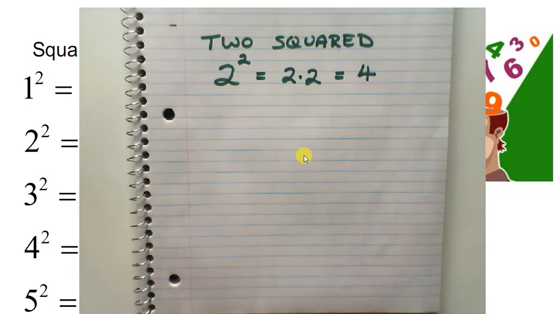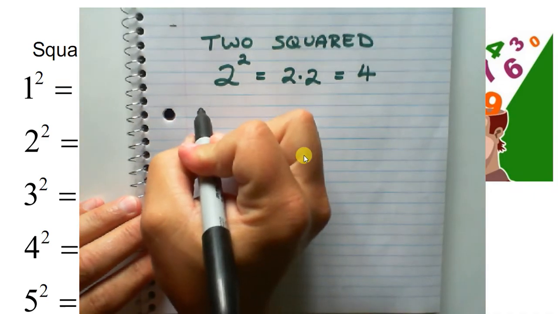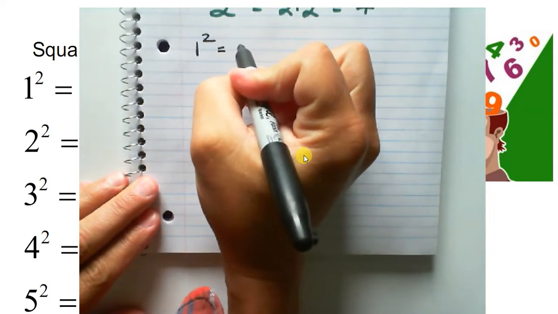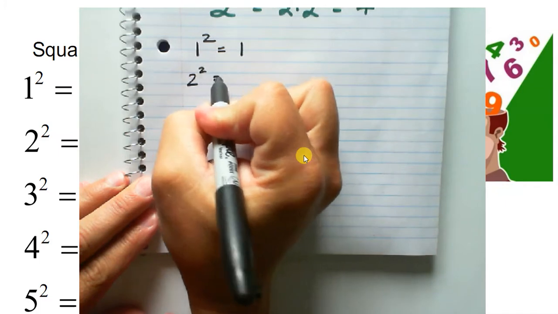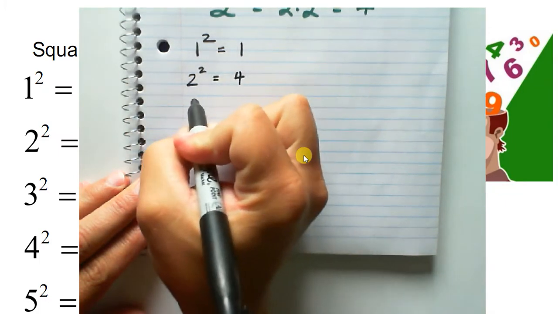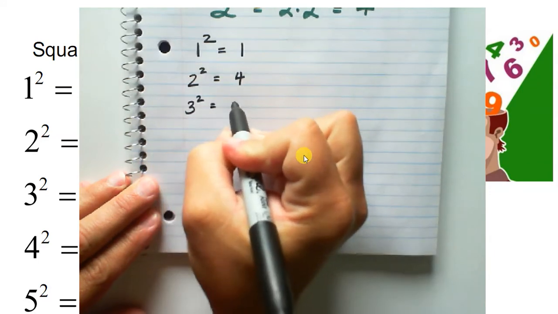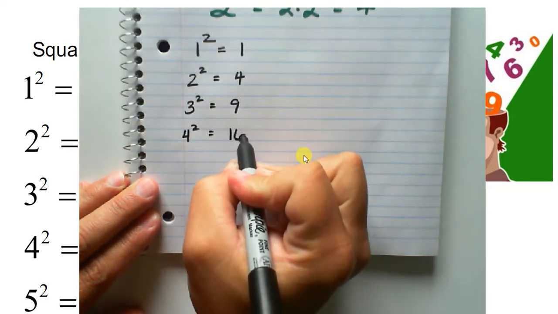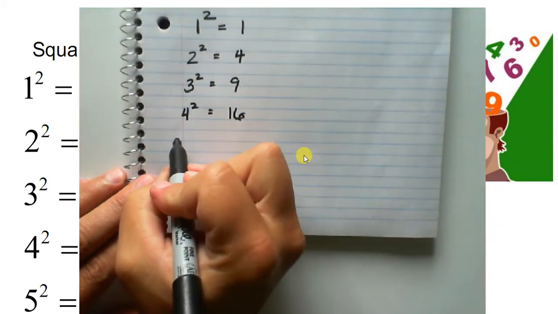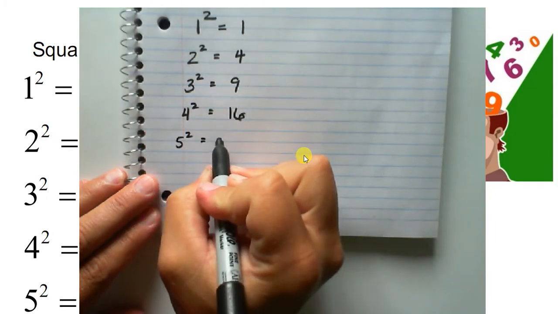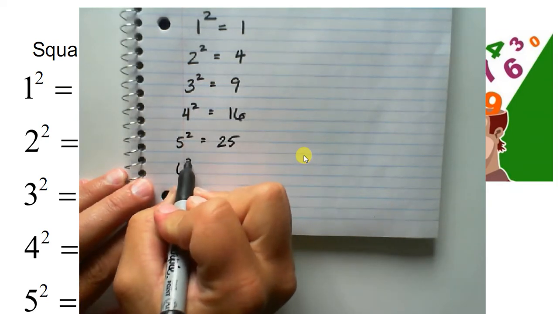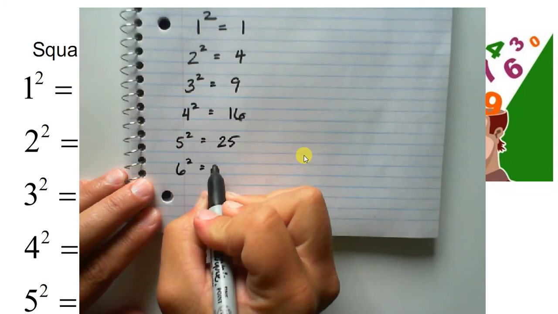We already did 2 squared, but let's go with all of them. 1 squared equals 1 times 1, which is 1. 2 squared equals 2 times 2, which is 4. 3 squared equals 3 times 3, which is 9. 4 squared equals 4 times 4, which is 16. 5 squared equals 5 times 5, which is 25. 6 squared, which is 6 times 6, which is 36.